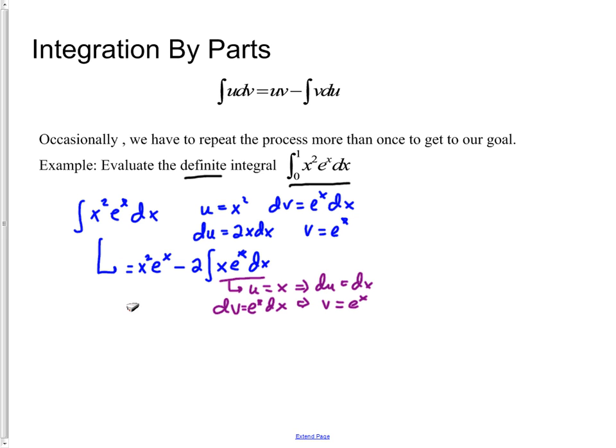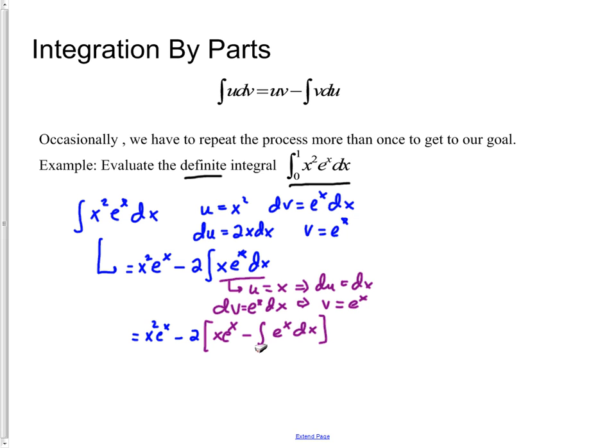And so now we're going to get this new expression, kind of interesting, that's going to be equal to x squared times e to the x like we had before minus 2, and this time I'll put this in purple so we can keep track of the new u, x times e to the x minus the integral of v du, so that's going to be the integral of e to the x dx, right?